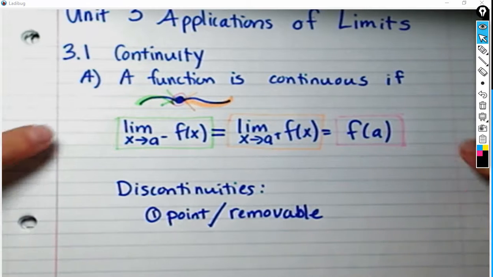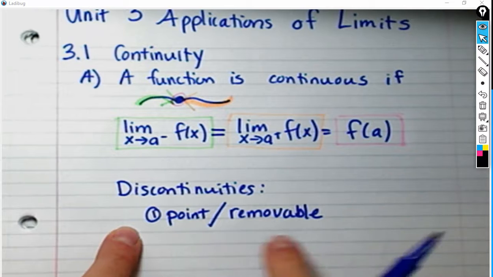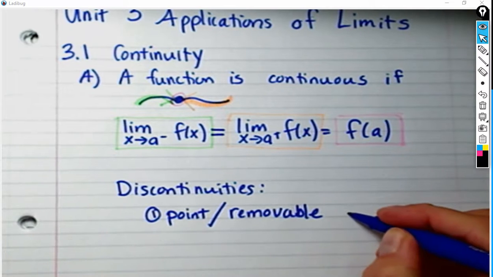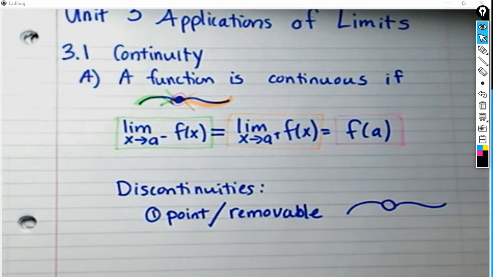And we're going to look at this definition in terms of this type of discontinuity. So I'm going to draw what this looks like. Okay, this is what a point or removable discontinuity looks like.